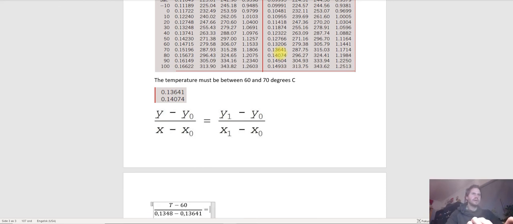And then it's the same as, let's see what is E1. That will be the temperature 70 minus 60. Because you know it's linear. The relationship will be the same. That's why this works.